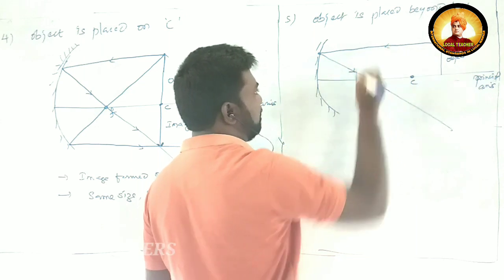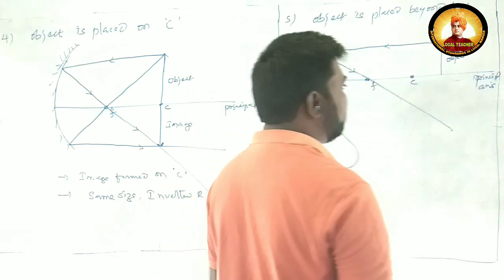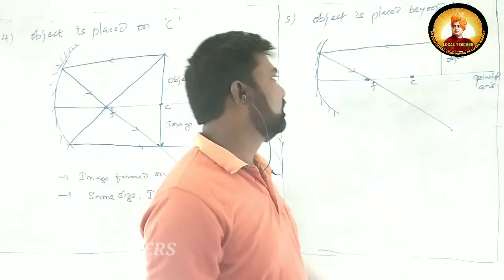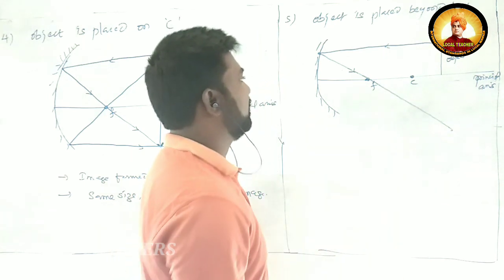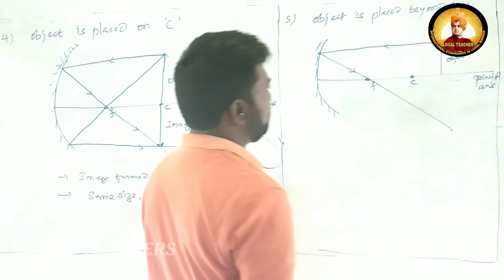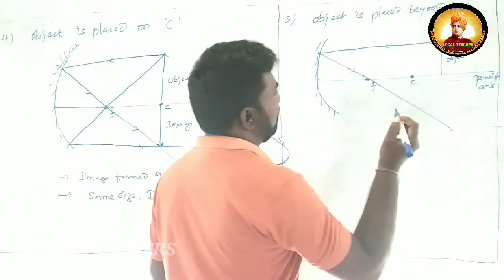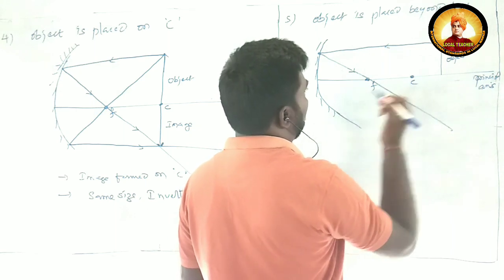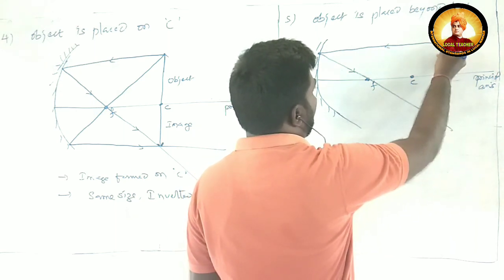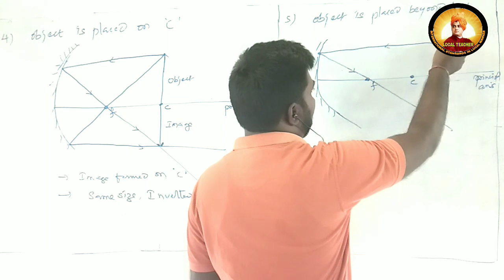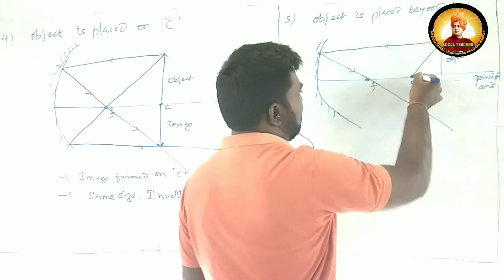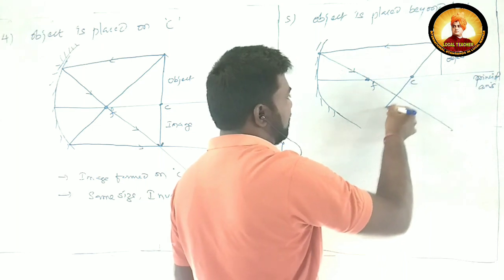So we considered a parallel incident ray. After reflection, it passes through the focus point. Next, consider a ray from the top of the object which passes through the center of curvature.